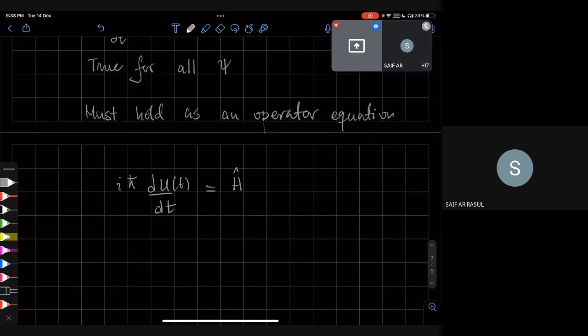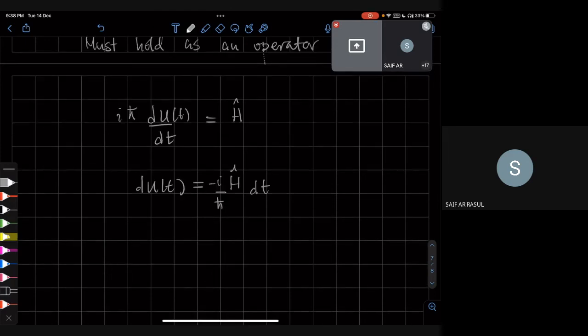Right? So this is a pretty easy equation to solve. It's an operator equation, so we can write this as dU by U equals minus i by h bar H dt, and therefore log of U of t is going to be minus i by h bar H hat t plus some constant.